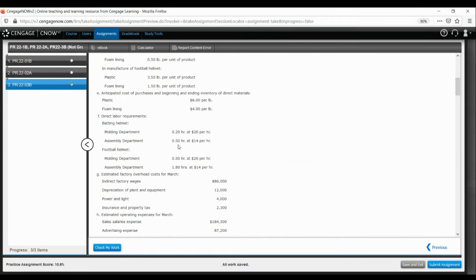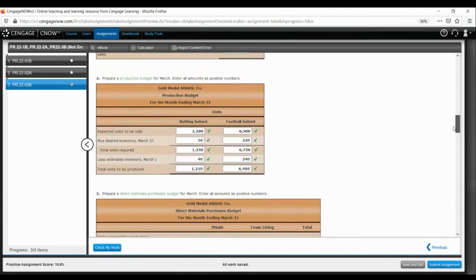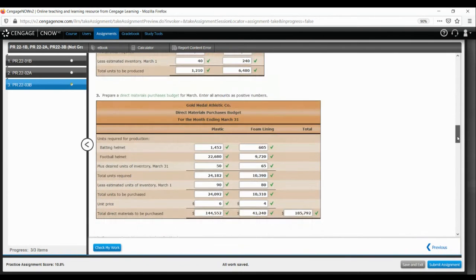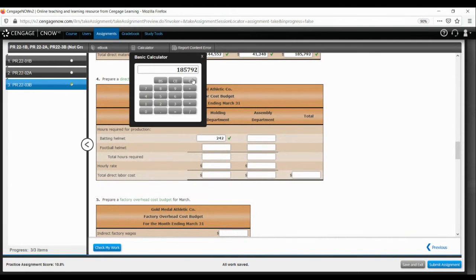So 1,210 times a half an hour is going to take 605 hours.